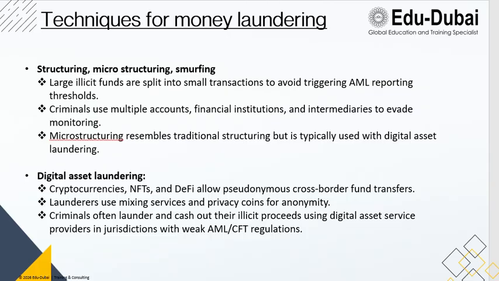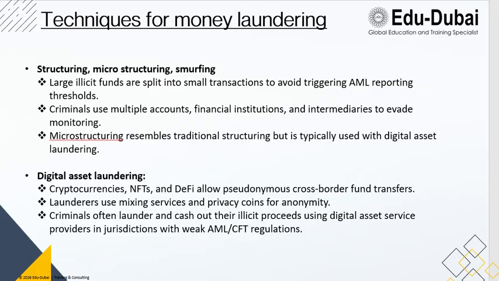When crypto assets, bitcoins or any other decentralized financial crypto assets, are used for money laundering, they get transferred through multiple unhosted wallets. I will tell you in detail later about unhosted wallets and CASPs, crypto asset service providers.